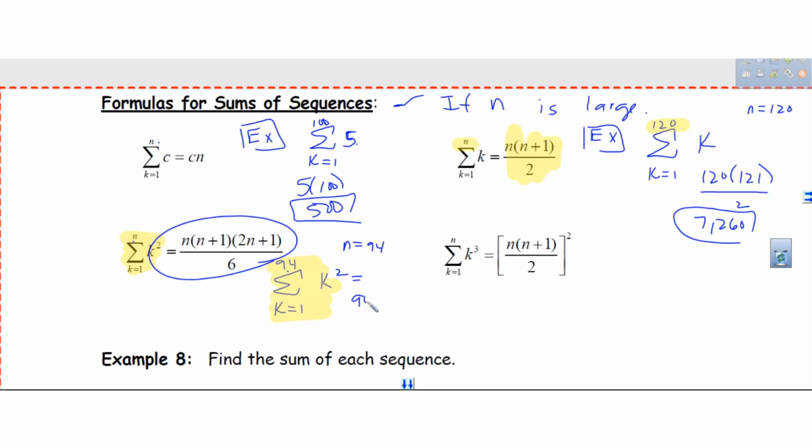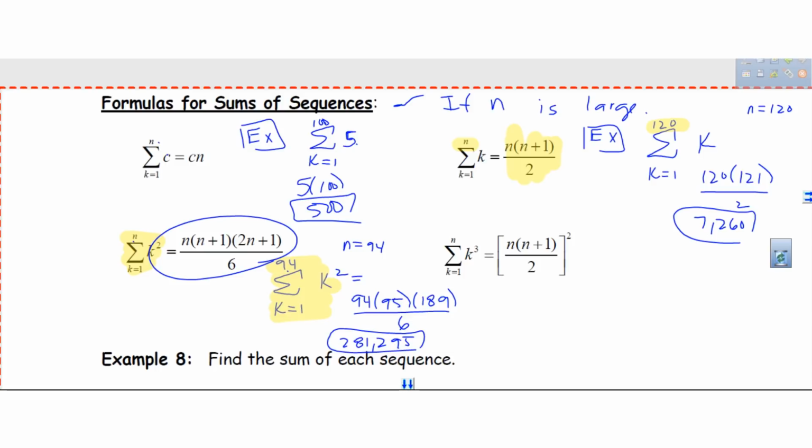It's going to be 94 times 94 plus 1, which is 95, times 2 times 94 plus 1, which gives me 189, divided by 6. So I'm going to go 94 times 95 times 189, close it off, divided by 6, and that gives me 281,295. It's just a quick way to find it.